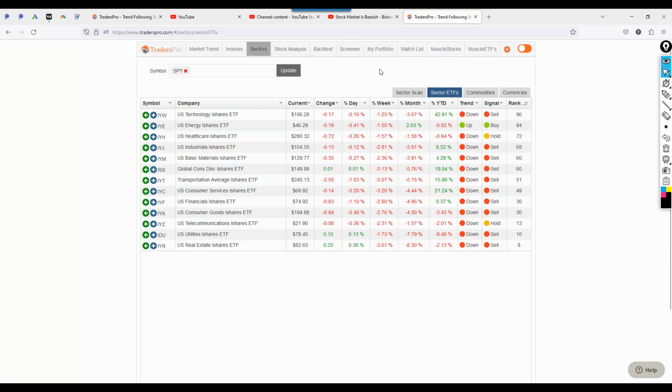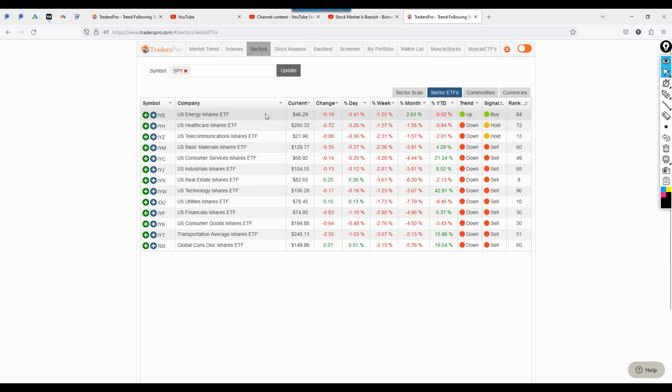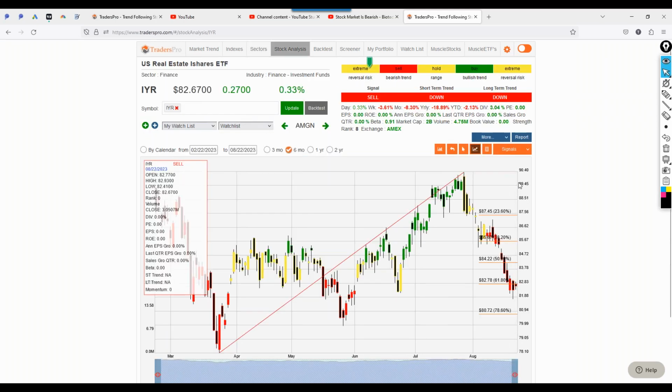Let me go back to sectors and take a look through some of those as well to see really what's sliding. Real estate, we talked about that, where real estate is really getting beat up here.